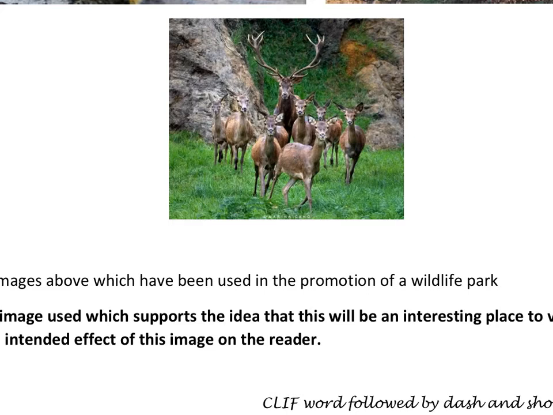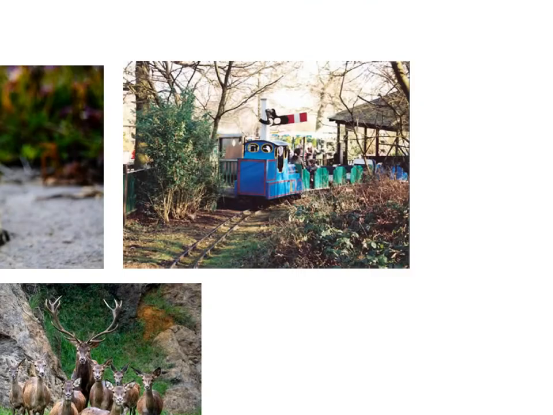Why do you think the writer has chosen an image where the animals are walking directly towards the camera and many of them are making eye contact with the camera? Why do you think the author has chosen an image where this very impressive looking deer is standing right in the centre? Focusing on these details and asking yourself how the writer appeals to his audience or achieves his purpose will help you to write a good analysis.